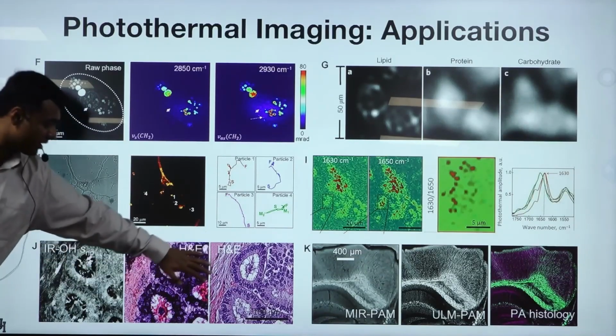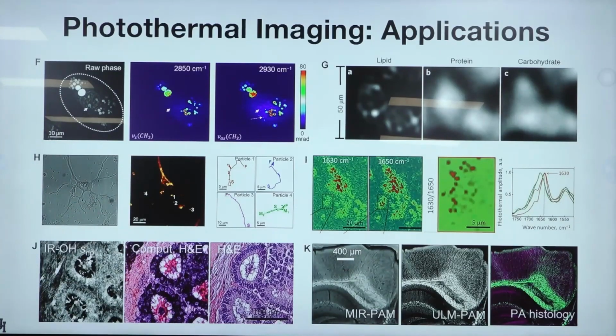You can get histology, meaning if you have tissue, which is one of the ways in which people do cancer diagnosis or different kinds of disease diagnosis. If you are suspected of cancer, say breast cancer, the doctor will take a piece of tissue from the suspected region, cut it into slices, and put some chemicals on it.